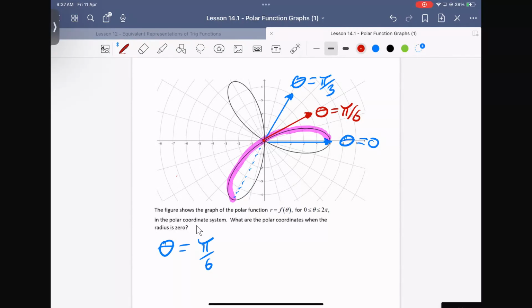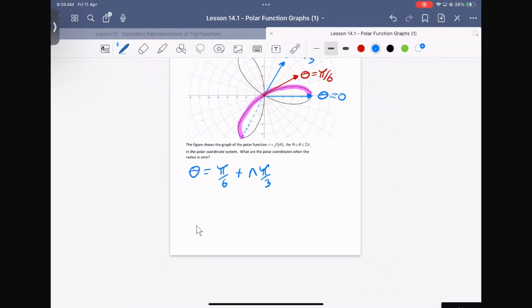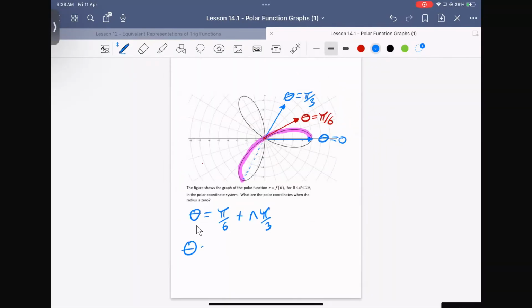How long does it take us, in terms of theta, to get from one extreme point to the next? Pi over 3. So the zeros are going to repeat periodically at n pi over 3. So if we want to find all our solutions, our first one is at pi over 6.